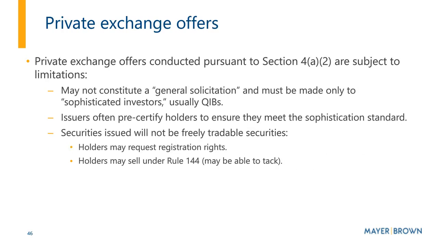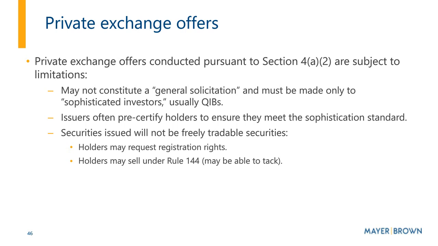Conducting a private exchange offer under Section 4(a)(2), the statutory private placement exemption, is a relatively easy process if you rely on pre-certifications, making certain that the offer is made available only to holders that have certified that they are qualified institutional buyers or institutional accredited investors.